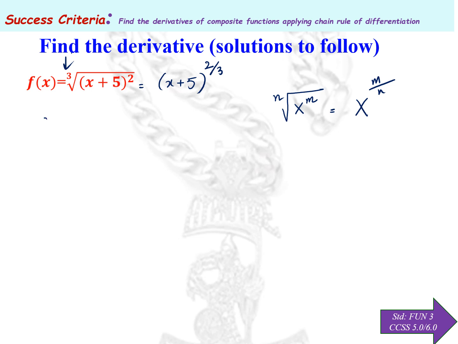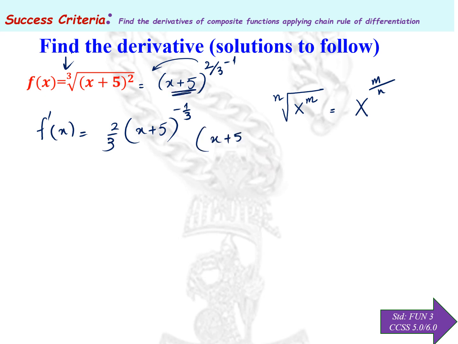Now start taking the derivative. Bring the power before the function. Write the inner function as it is. From the power subtract 1, so it will give us negative 1 over 3. Write the inner function as it is with a prime. Now complete.